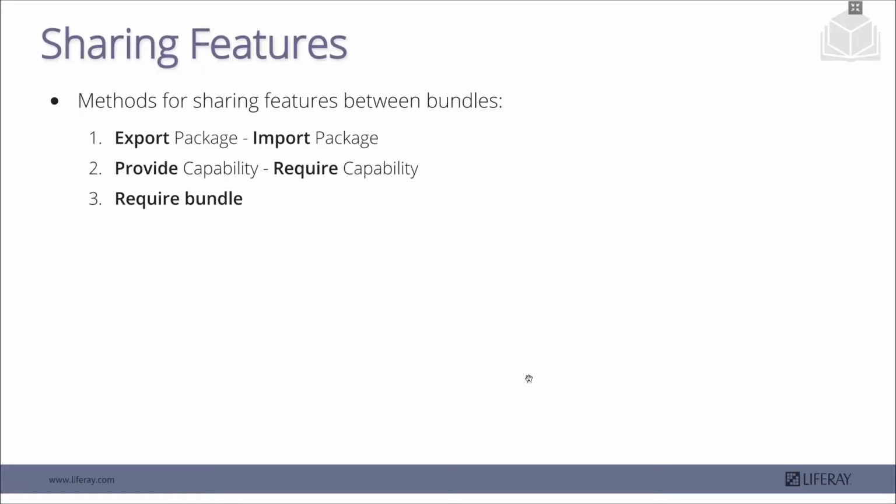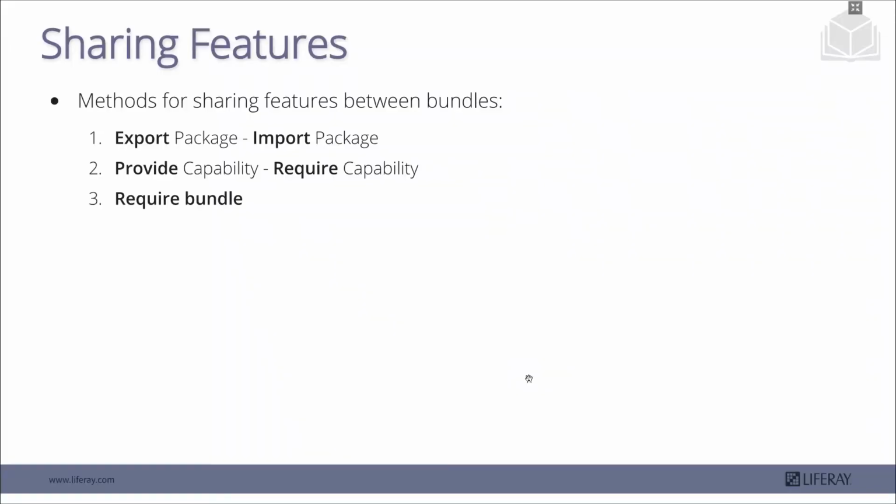When we're sharing features between different bundles, there are a couple of different ways that we can do so. The three big ways: first, using the header within the manifest file, Export-Package or Import-Package. This is going to do just that. We're going to be exporting a specific Java package or importing a specific Java package.